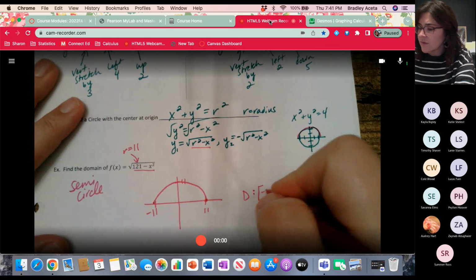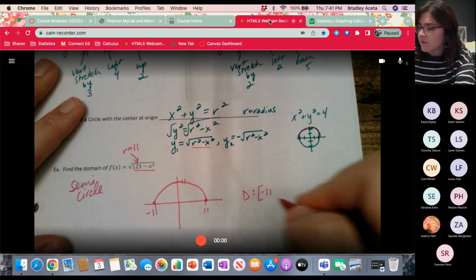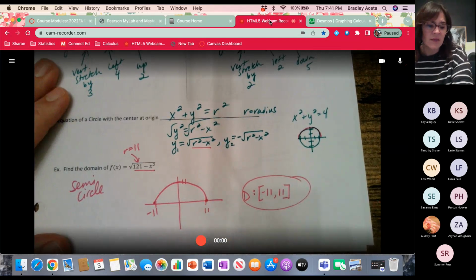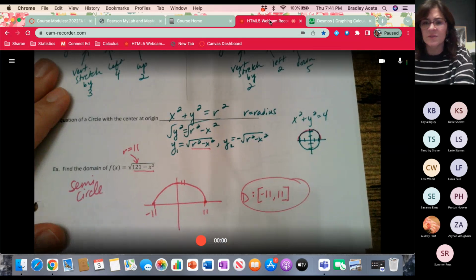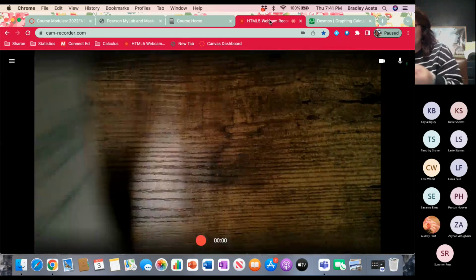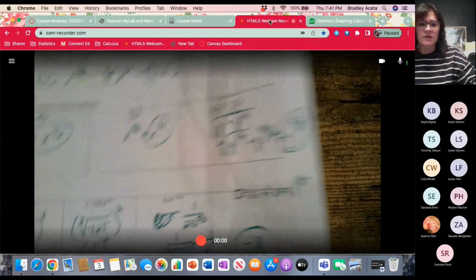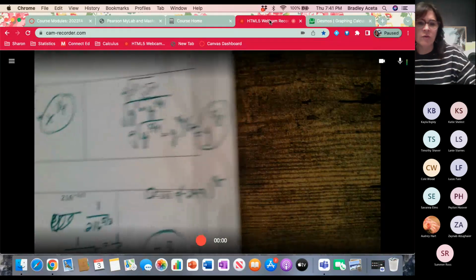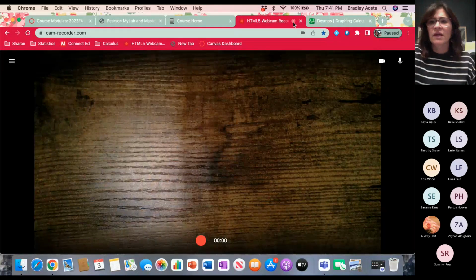So the domain is from negative 11 up to 11. And that's how easy that question is. But again, very Desmos related. So much easier 5.4 section, really just about rational expressions, power roots, and whatnot.